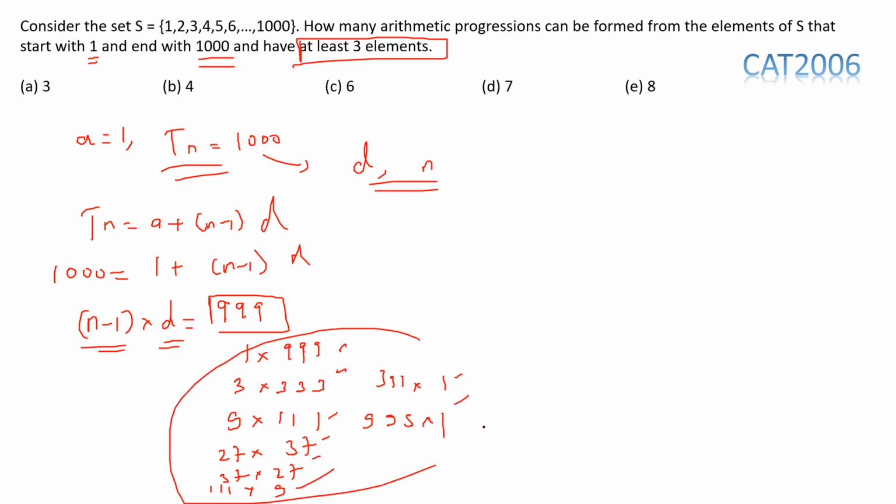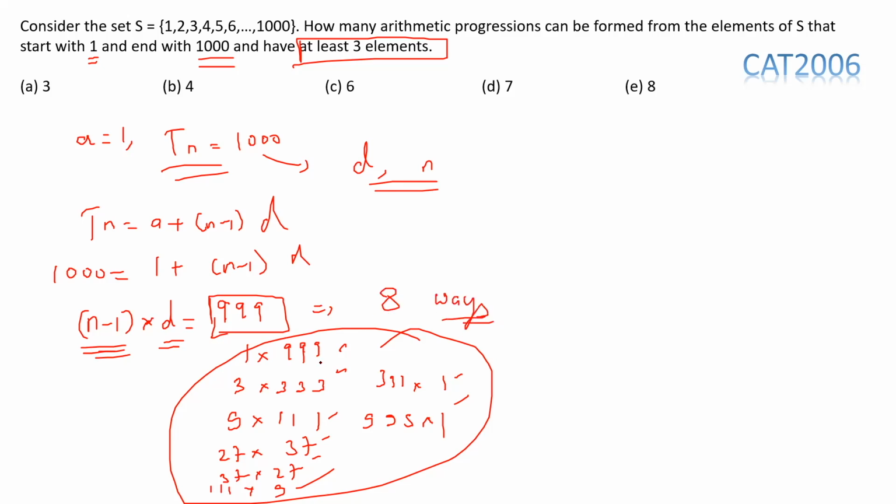There are 8 possible ways of writing 999 as a product of two numbers. So there are 8 ways to write n minus 1 into d here.